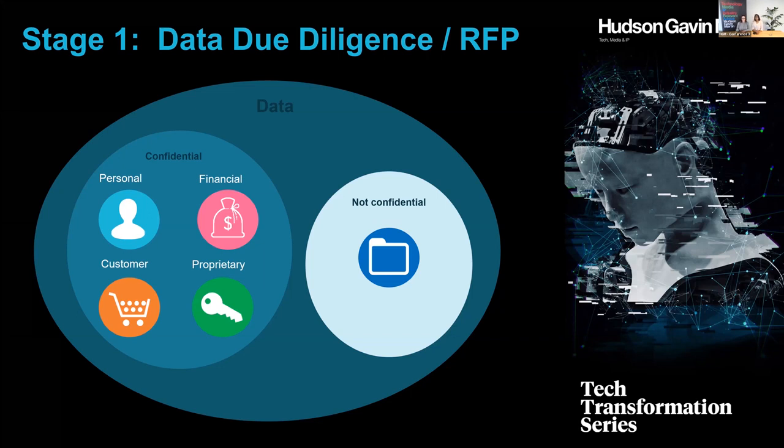So I think as an implementation partner or a vendor, it's equally important to understand the nature of the data that will be involved in any transformation project that you will undertake or be involved in. The reason for that is that it will allow you to front foot any discussions around security of the solution or security of your services with the customer and build trust right from the get-go.